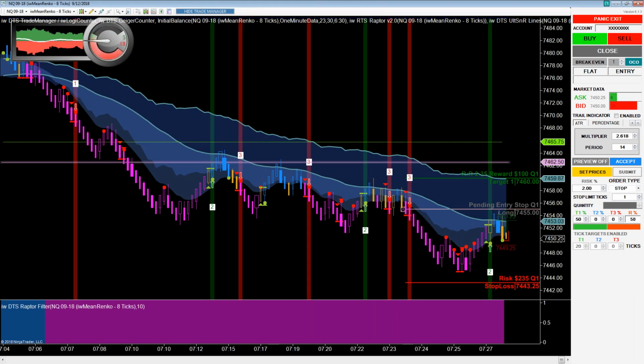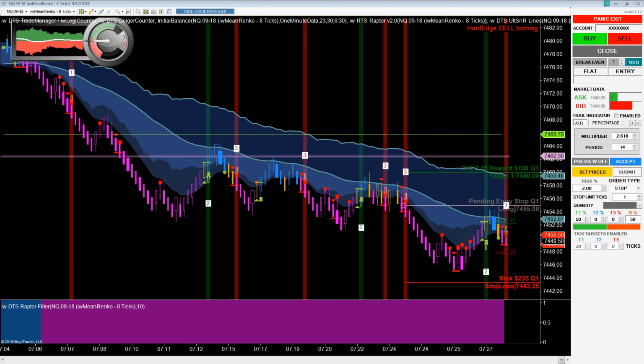We'll see if they can get above this high now. This little high here looks like around 74.54 half. We could see a little bit of an uptick, a little bit of an up push.